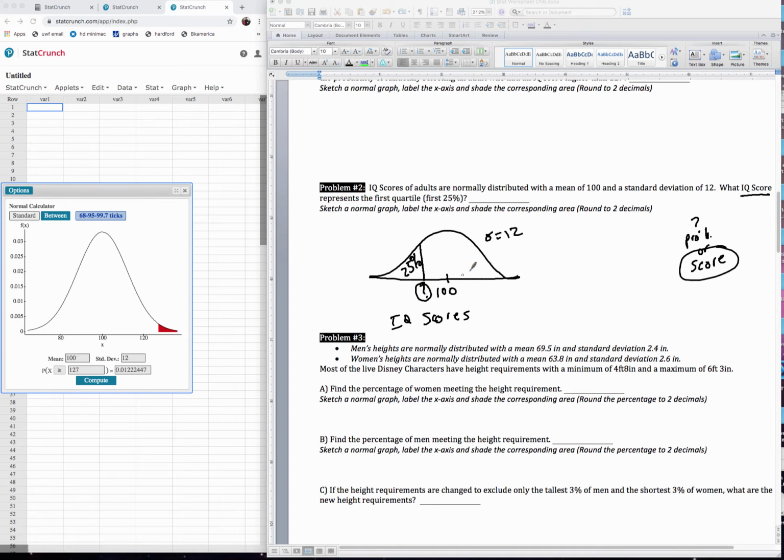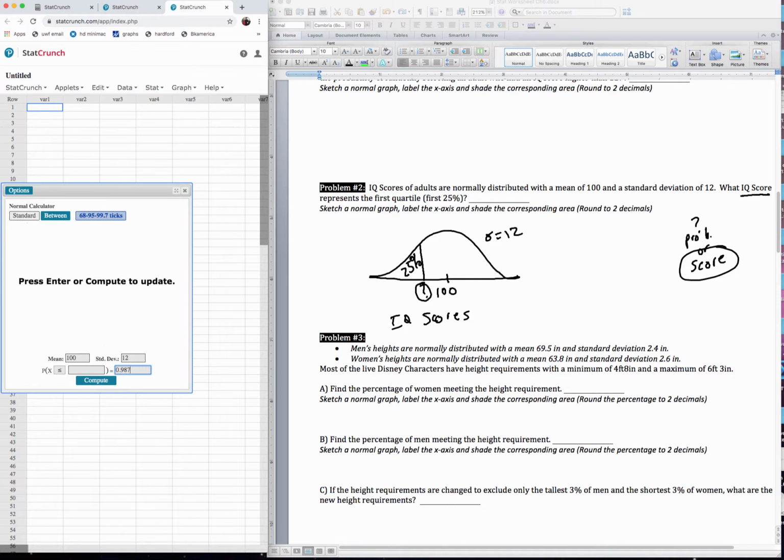And that's what we do with our normal calculator. We come over here, and since it's the left side, we want to use the less than sign. Now, they gave me an area. This is probability, so I need to put 0.25 in there.